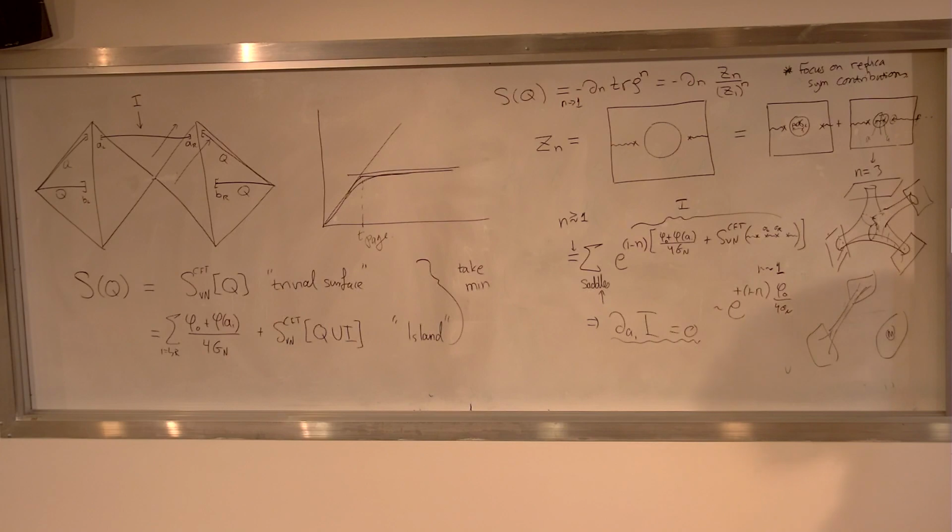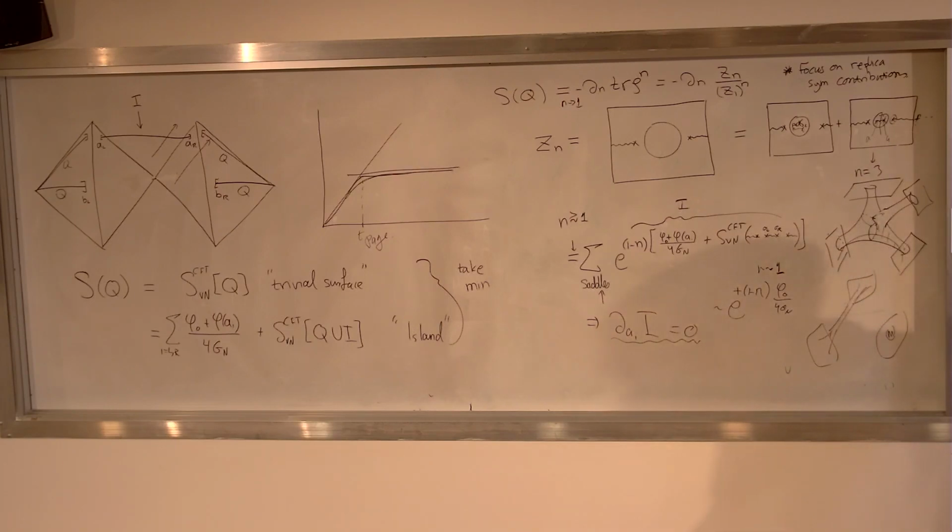Okay. I have a next question. While we are considering n equal to 3 for the other points, at the end of the day we have to take the n tends to 1 limit. So those n equal to 3 points are not contributing to the calculation.